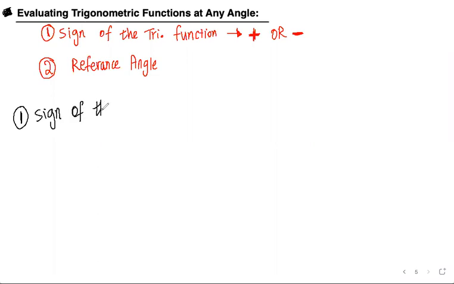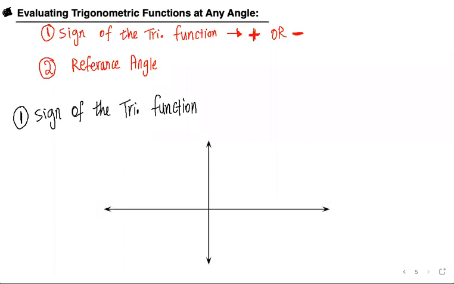By using this diagram, you have to know that all the functions are positive if the angle is in the first quadrant. For the second quadrant, the only function that is positive is the sine. For the third quadrant, the only positive function is the tan.